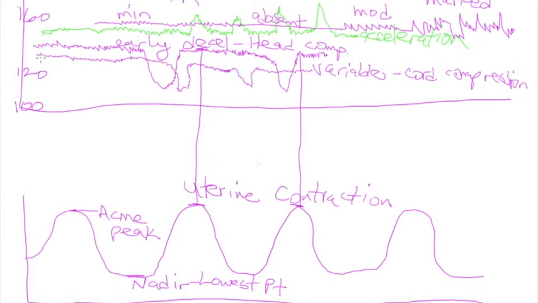Let's draw our line here. So we have some variability. Now here's the peak or the acme point, and we're going to have fetal bradycardia or decelerations.